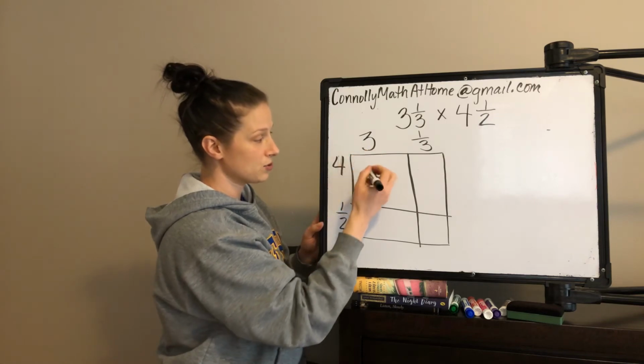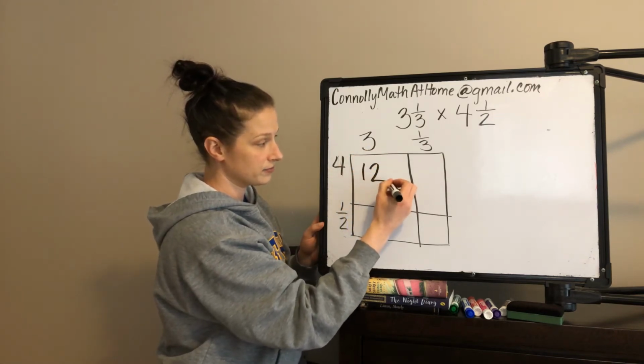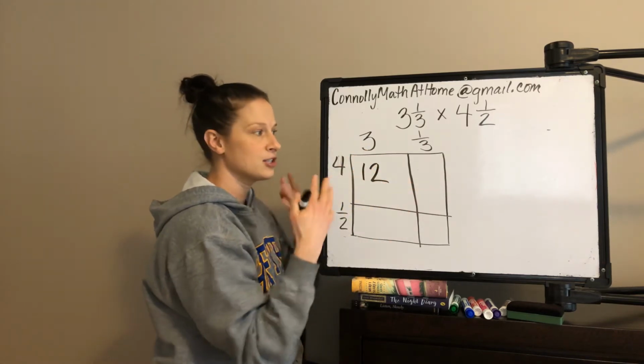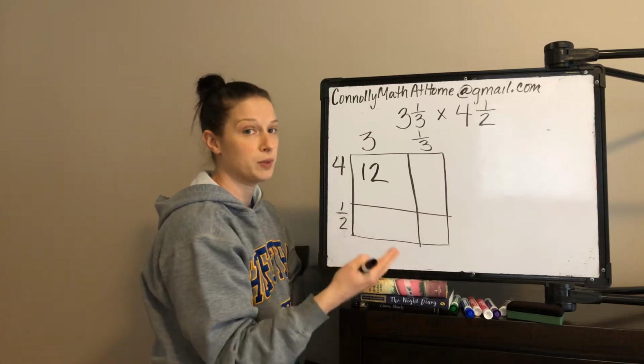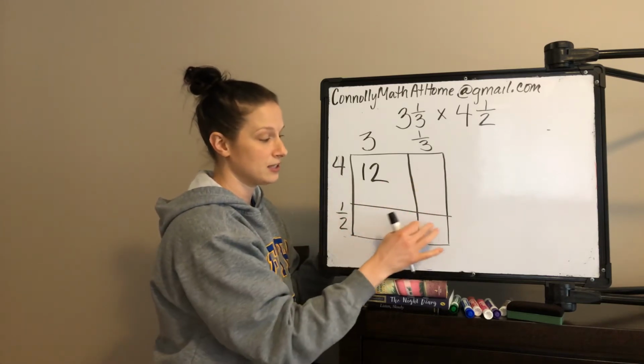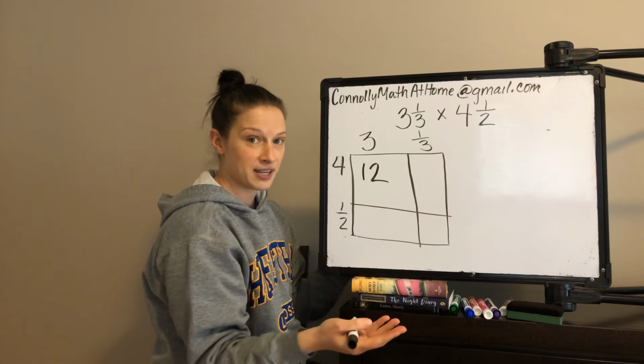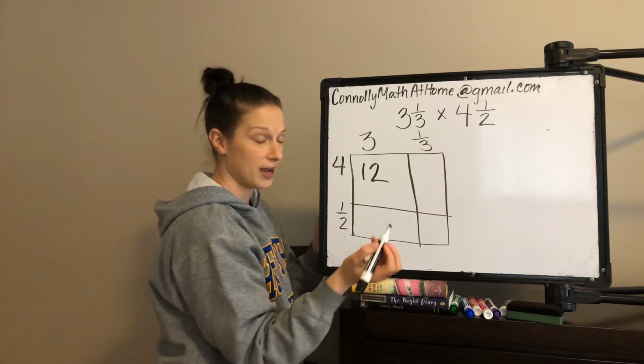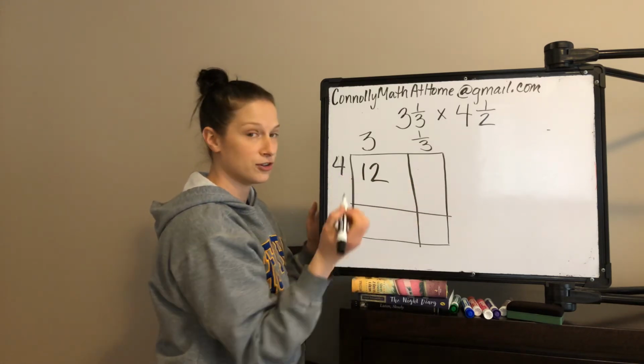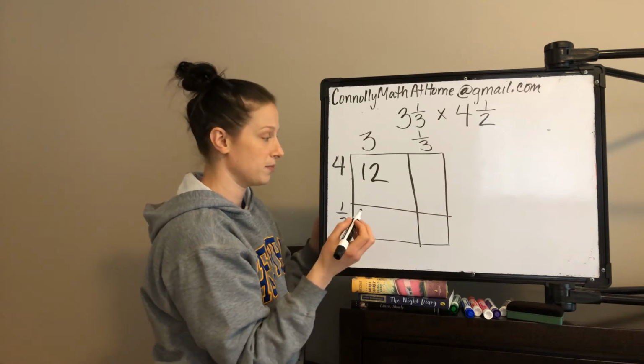So 4 times 3 is 12. And I know if you're in my class, you're pretty familiar with what we would be multiplying in each of these rectangles because we practice the area model so much, okay? But just remember, opposite sides are equal if you're not sure exactly what you're supposed to be multiplying.